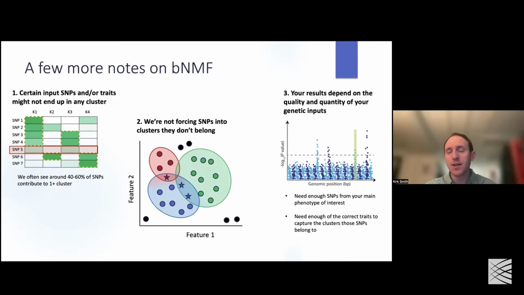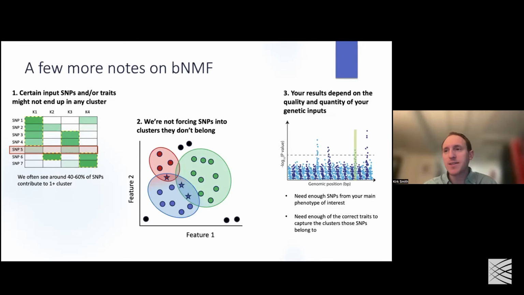Looking at this example in subpanel 2, if we were using a method like k-means, we essentially would have had to stretch some of these clusters to encapsulate these outlier data points. So not only would we maybe be wrongly classifying those data points, but we could be skewing the cluster centroids, which are later used for some other downstream analyses.